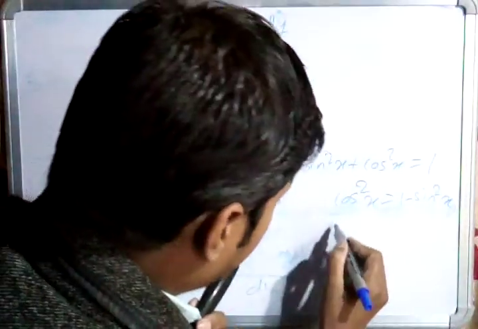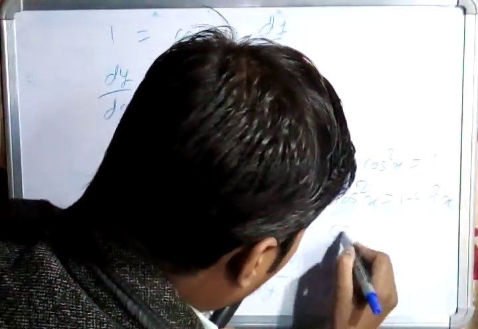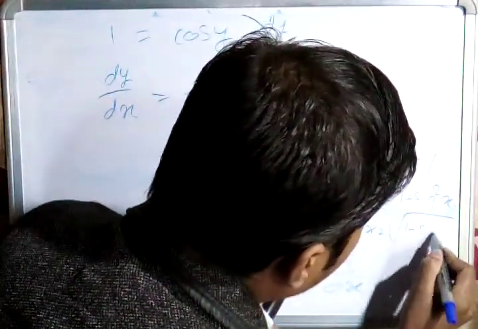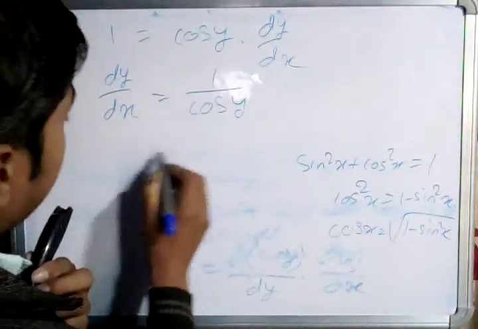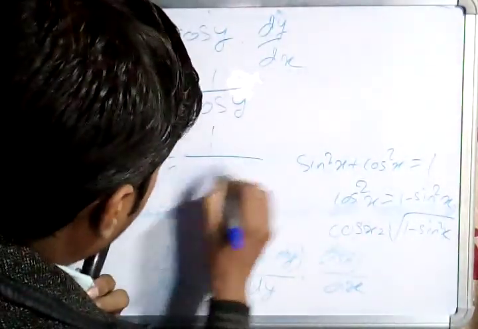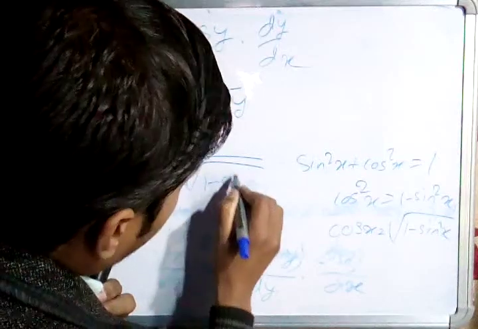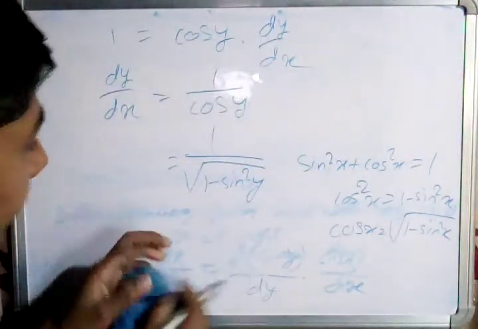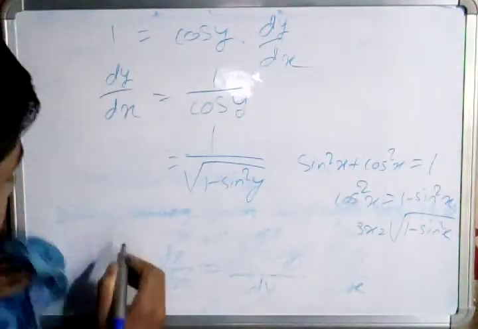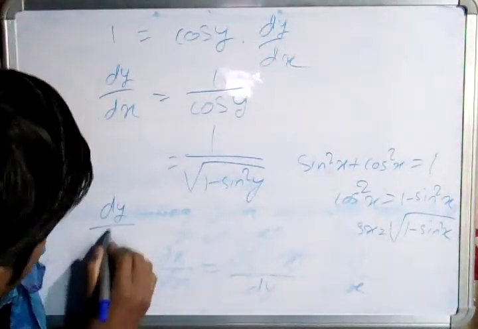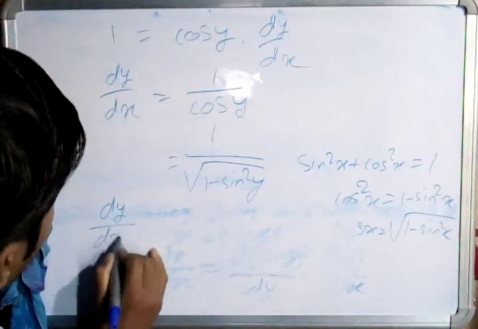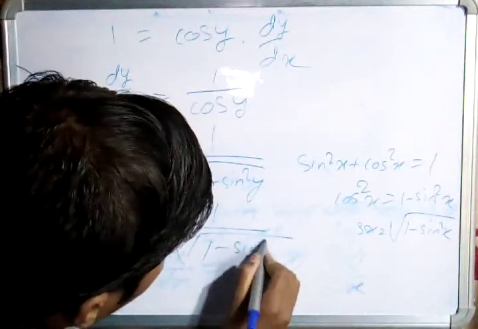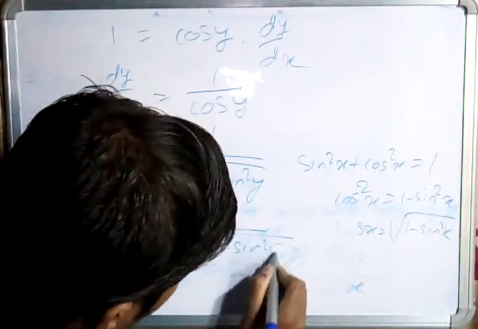Then cos y is equal to root under 1 minus sine square y, and here the differentiation is 1 by root under 1 minus sine square y.